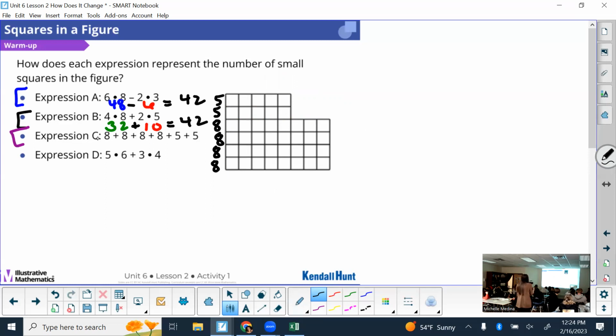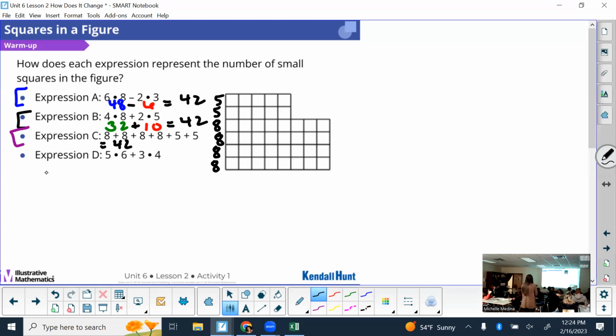All right, adding them all together gives us a total of 42. And if you remember, multiplication is repeated addition, right? So that's why some of these are written differently. This one is kind of like a more expanded version of B, right? You could do 4 times 8. That's the same as doing 8 plus 8 plus 8 plus 8 and all that stuff.